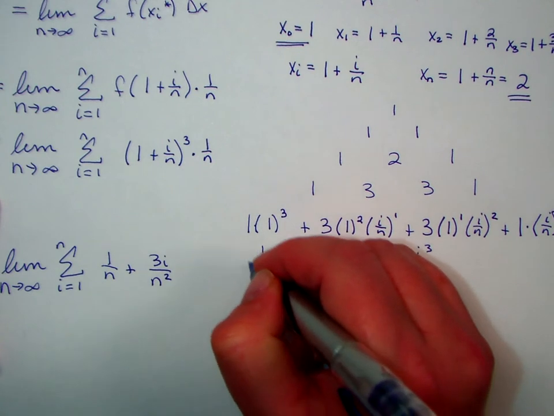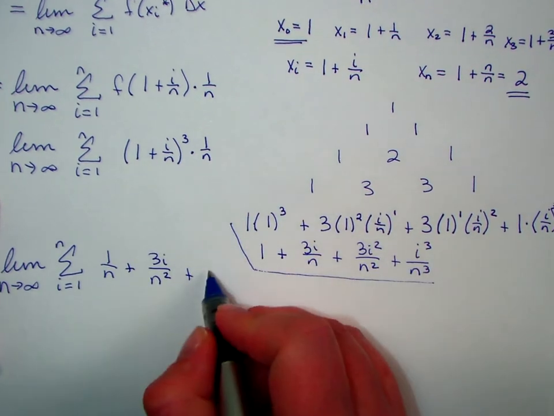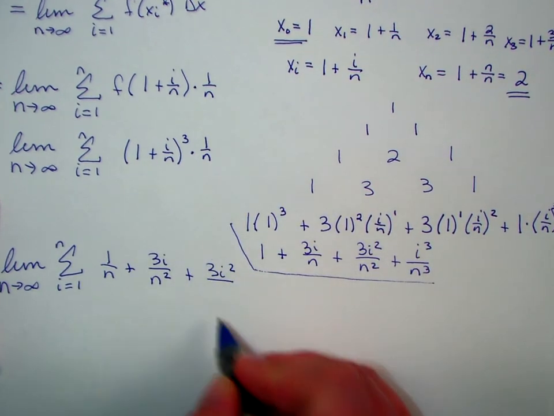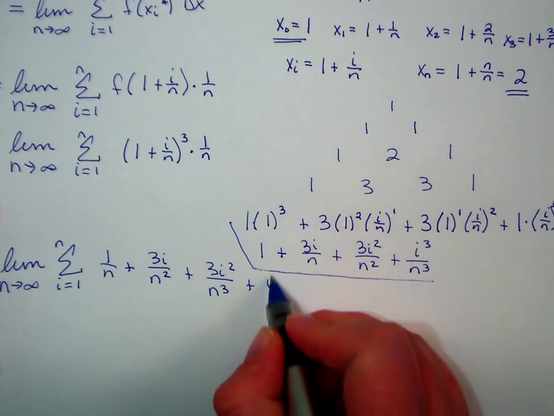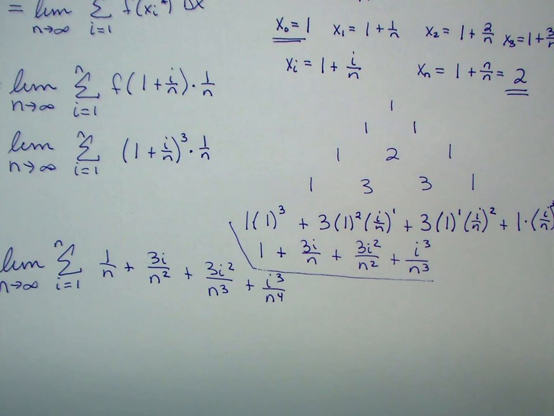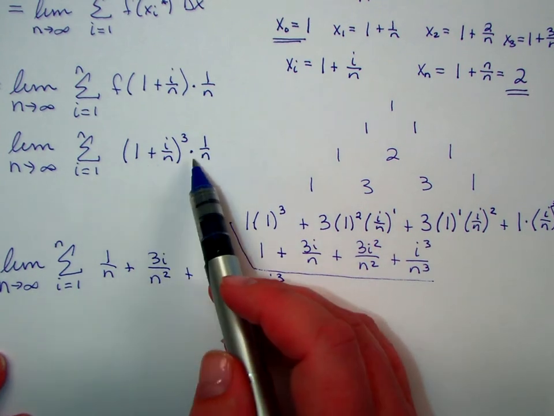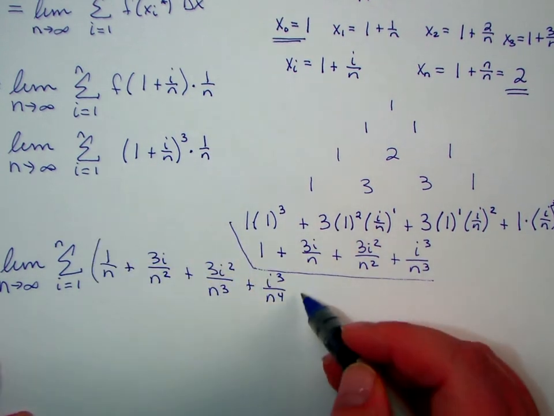Plus 3i squared over n cubed plus i cubed over n to the 4th, right? So there is our function at x sub i times delta x all multiplied out, right?